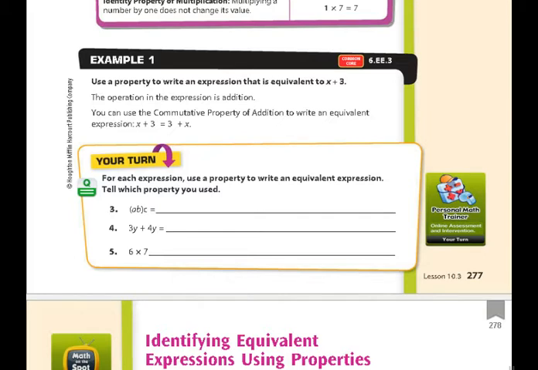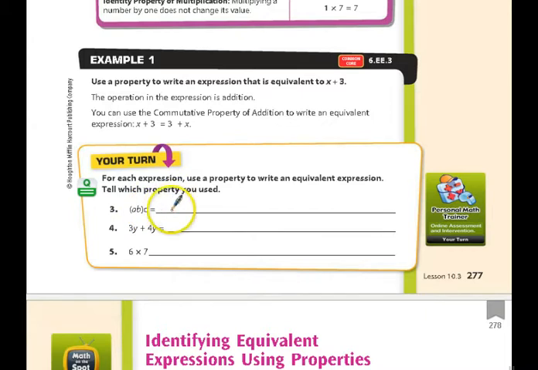So example number 3. How could we rewrite number 3 using one of the properties up above? What property up above could we use to rewrite that? So the way you could do it is with the associative property, which means it doesn't matter who's in the groups.